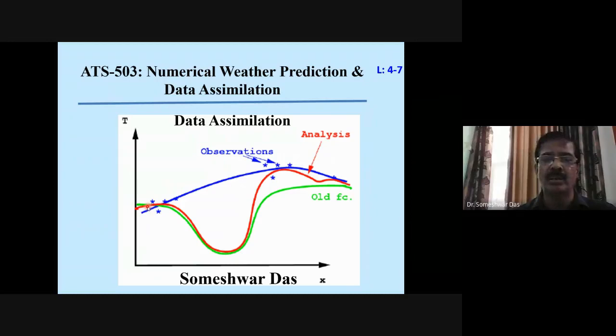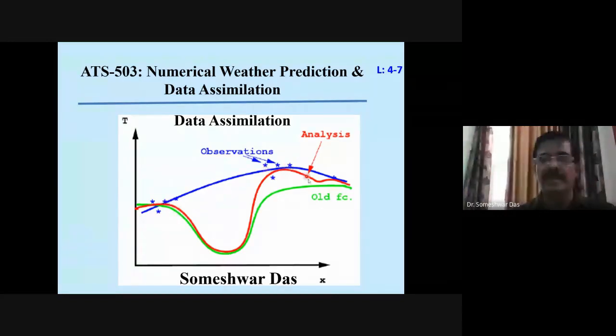And the challenge of the data assimilation scheme or the analysis scheme is to bring these two lines as close as possible. So this red line is, let us say, the analysis produced by your assimilation system or the objective analysis technique.